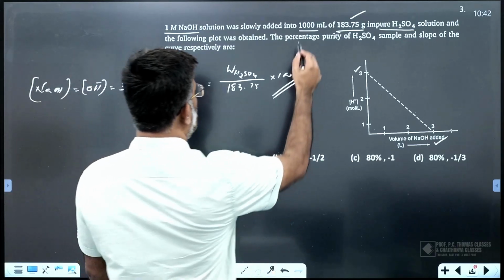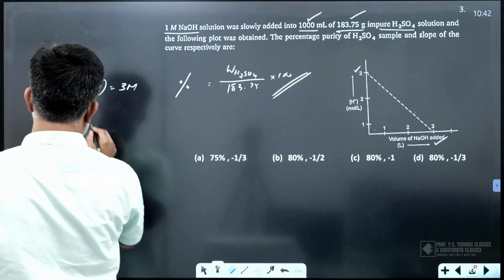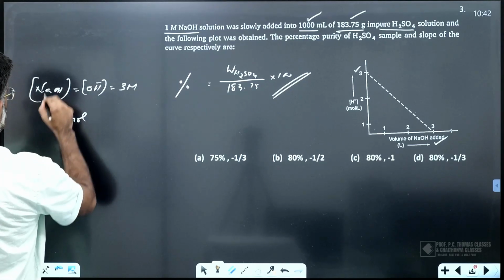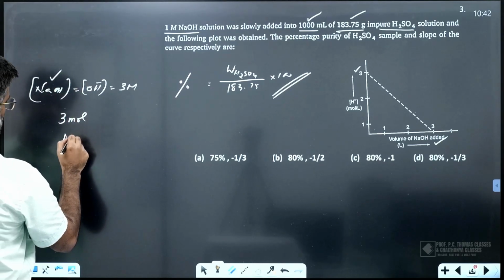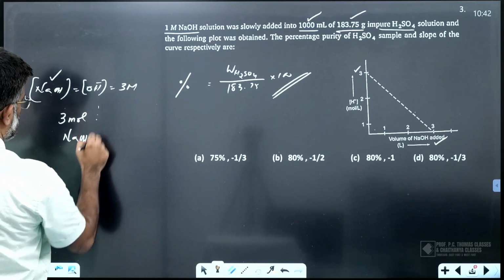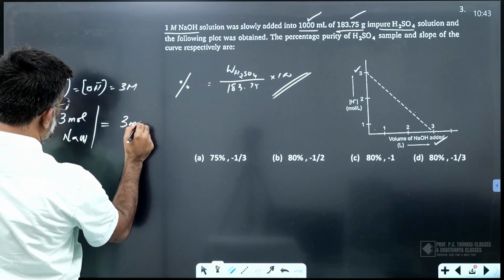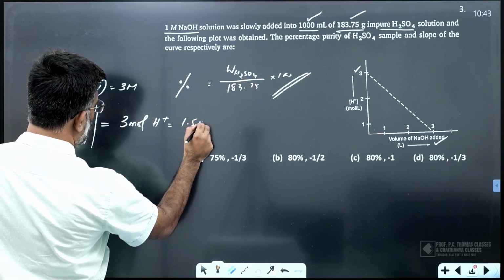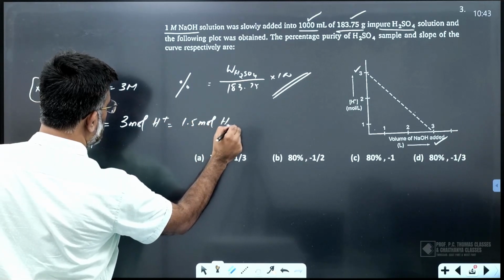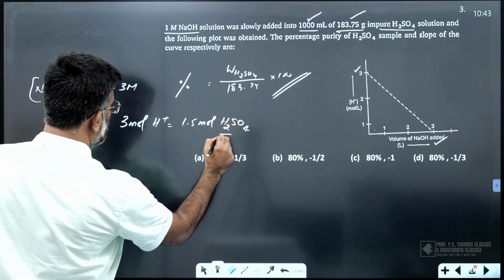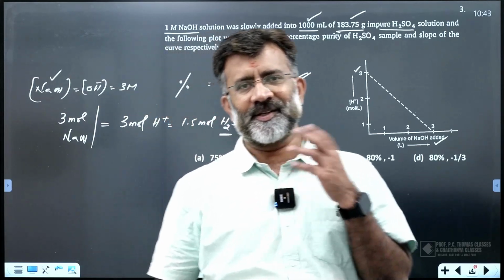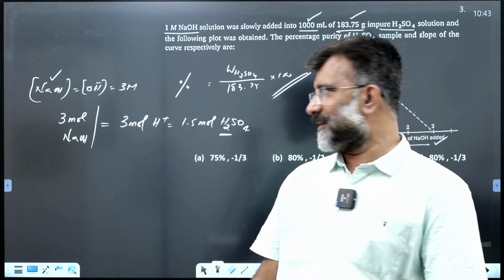In fact, it is a 1 liter solution, so it is 3 mole NaOH. 3 mole NaOH is equal to 3 mole H plus, which is equal to 1.5 mole sulfuric acid. As all of you know, sulfuric acid is a dibasic acid. 3 mole H plus means it is 1.5 mole sulfuric acid, isn't it?